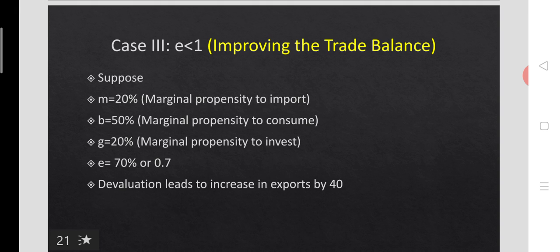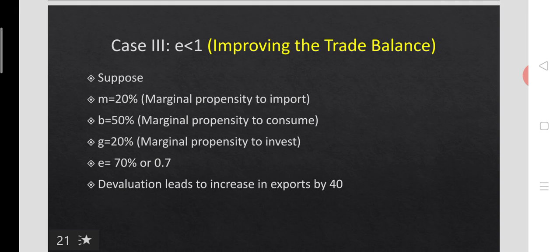That means marginal propensity to absorb E is equal to B plus G. It is just 50% plus 20%, that is 70% or 0.7. So whenever the income is increased, domestic expenditure is just going to be increased by 70%, not 110%, as we saw in the last case.